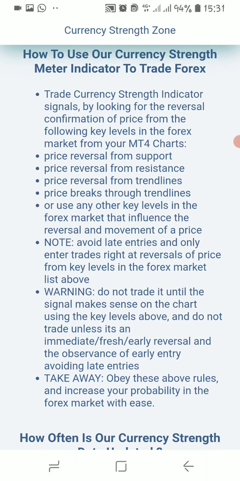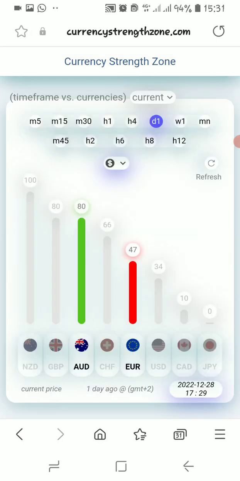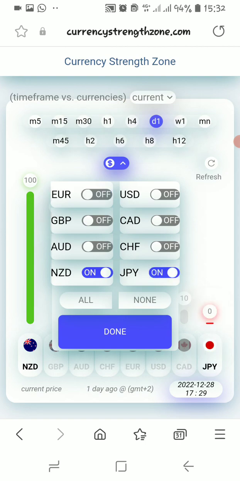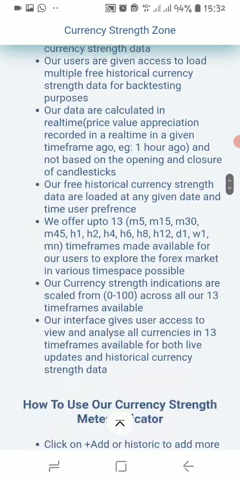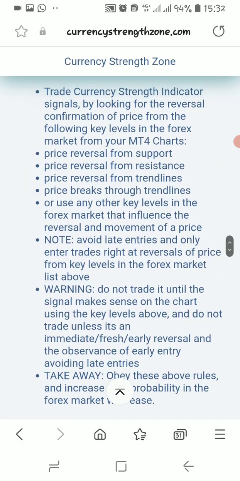When you have a signal from this website or any other currency strength indicator website, let's say New Zealand is stronger than JPY, don't just place a trade. Follow these rules.